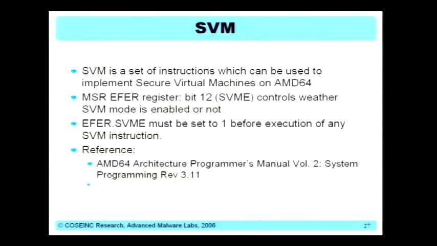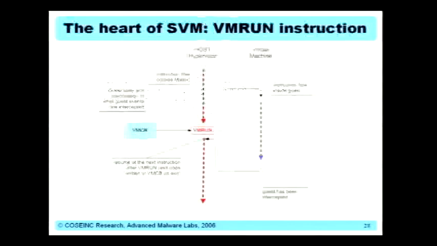It doesn't mean that once we enable this bit, we become a hypervisor. It just means that the SVM instructions are available to the processor. You can find a detailed reference in the Architecture Programmer's Manual, Volume 2. Okay, so this is how SVM works. This is the official explanation of SVM.